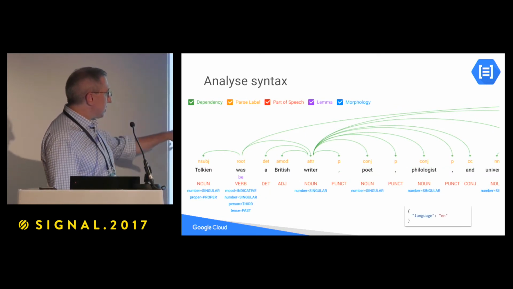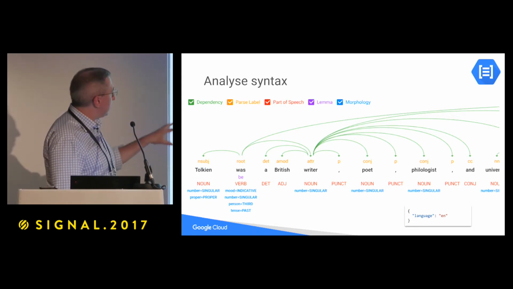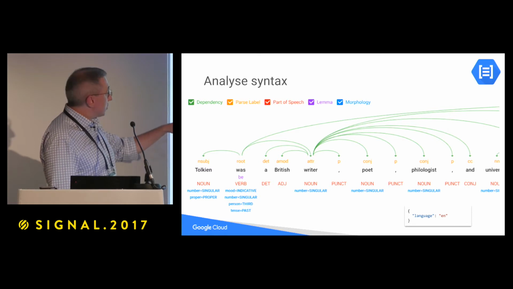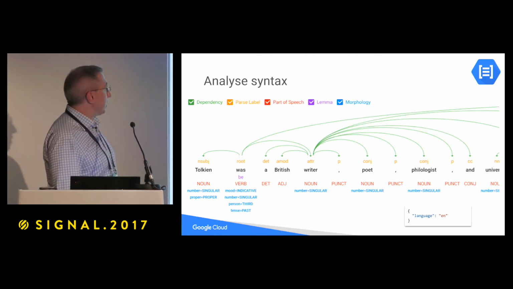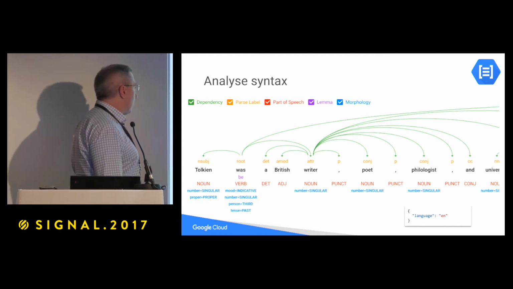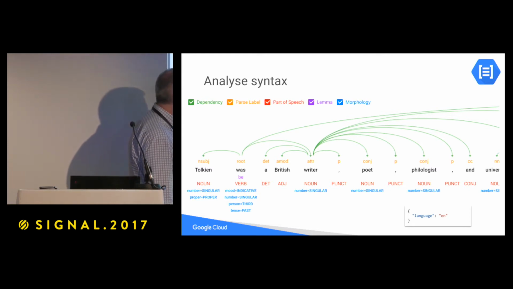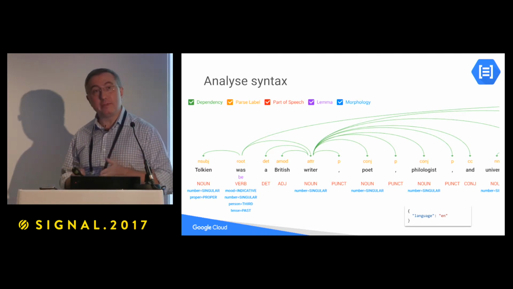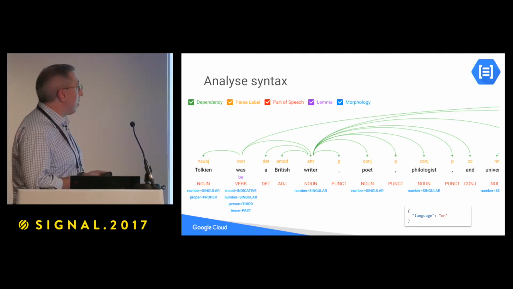So you will fully understand the verbs, the adjectives, the type of the different words. You will also get the relationships between these words. And there are nice things, not well shown here, but you also get the lemmas. The lemmas are the canonical forms of the words.